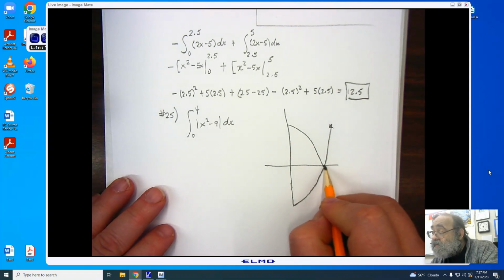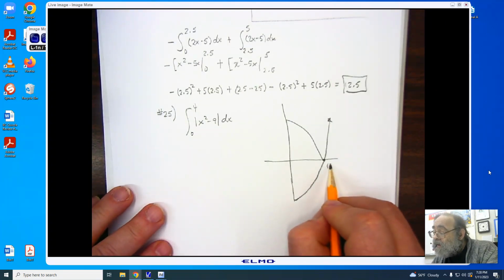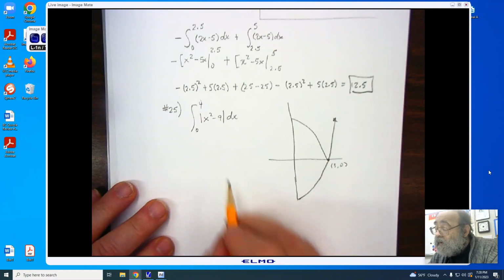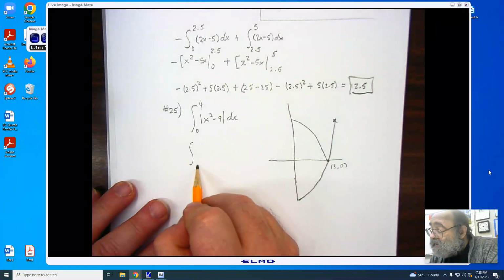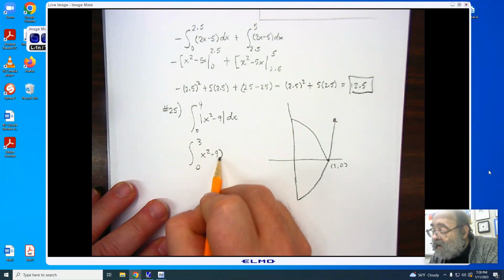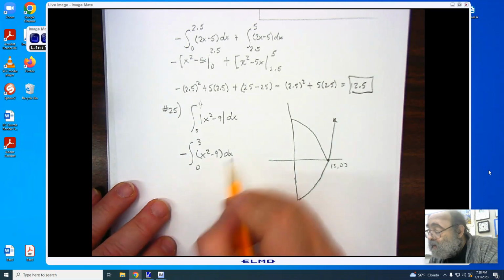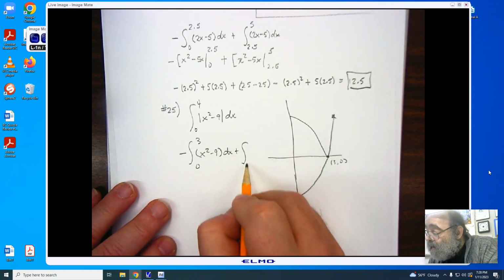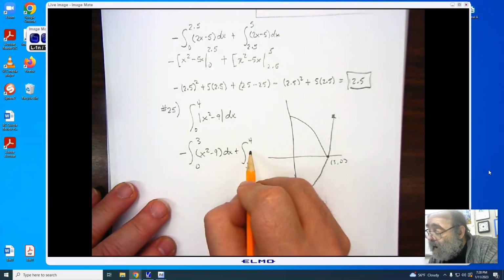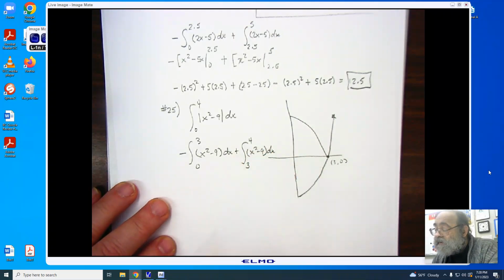And I'm going to be going to my vertex, to my 0, and we know our 0 is at 3. So here we go. 0 to 3 of x squared minus 9 dx, opposite, plus 3 to 4 of x squared minus 9 dx.